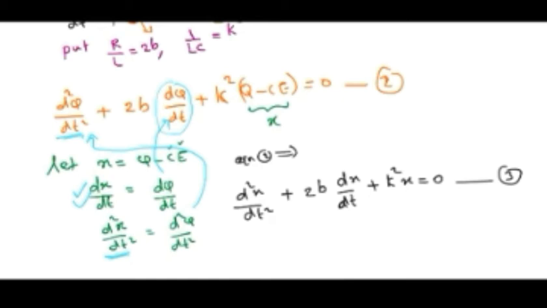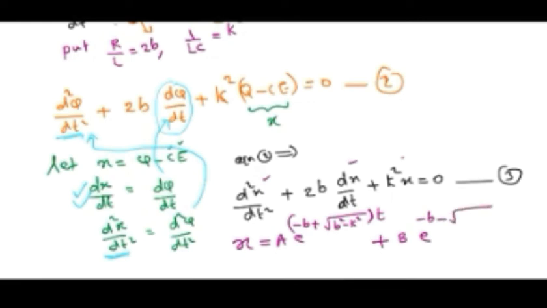I can write the solution of this equation, because this is a differential equation in x, as x is equal to A into e raised to the power minus b plus root of b square minus k square into t, plus B e power minus b minus root of b square minus k square into t. This is the solution of equation 3. Let me put this as equation number 4.